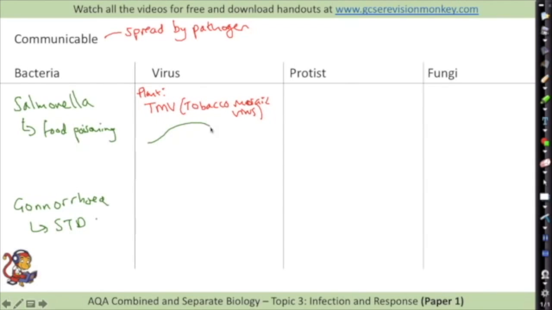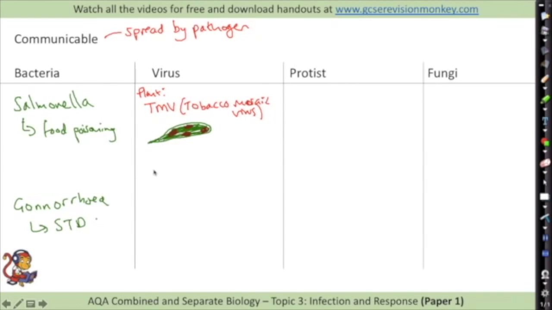So for example, you'd expect this leaf to be all green and full of chlorophyll doing photosynthesis, but if it's contracted the tobacco mosaic virus, it'll end up having patches on it where they're discoloured in a kind of a mosaic-y pattern, and that will reduce the amount of photosynthesis that that plant can do.